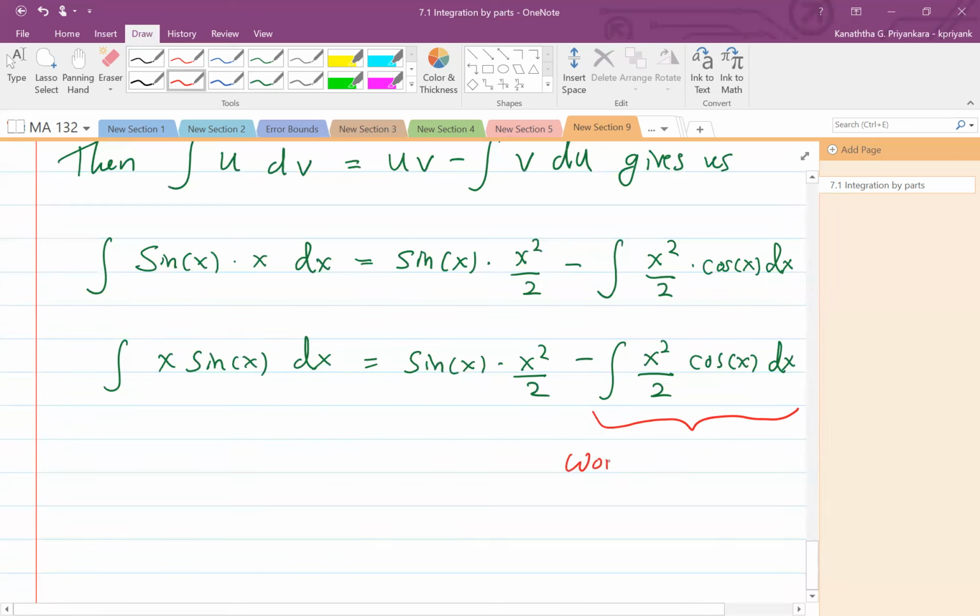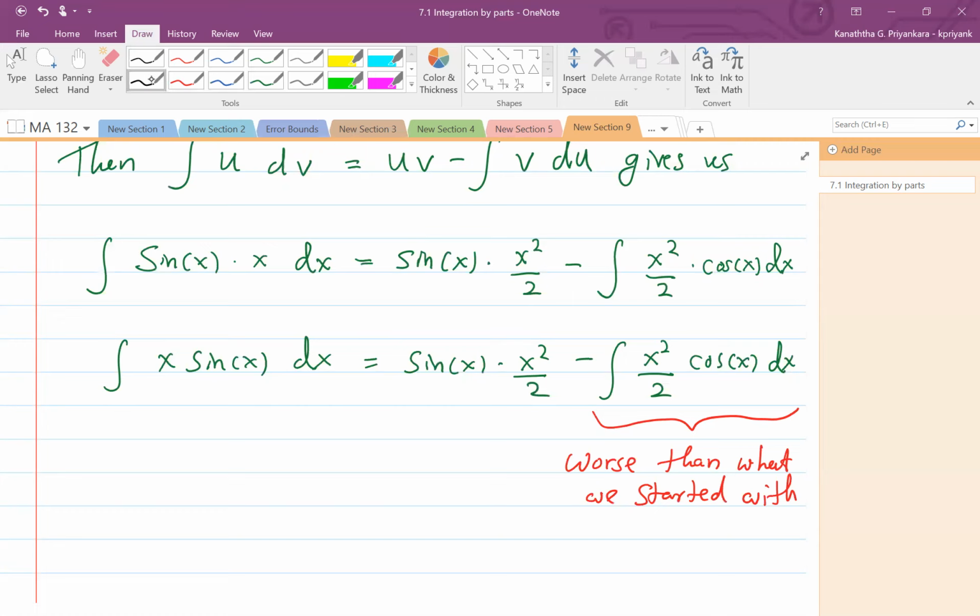So this is worse than what we started with. That means we are getting more complicated rather than simplifying this integral. That's why, once you see this, you have to switch the u and dv and then redo that. Then you can get the required answer. So those are the things that you need to consider.